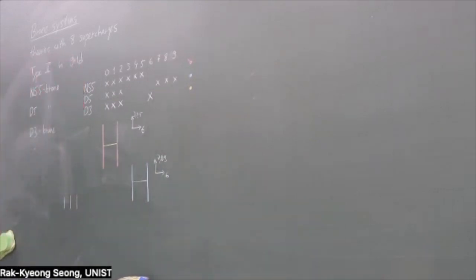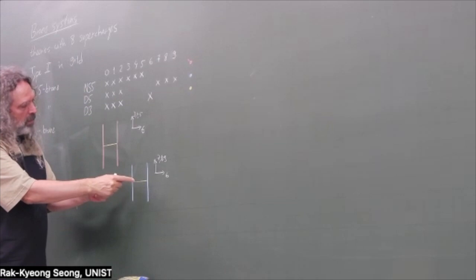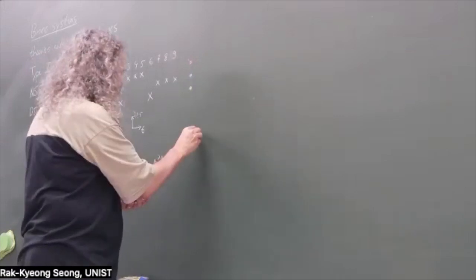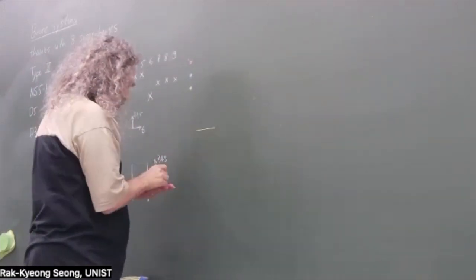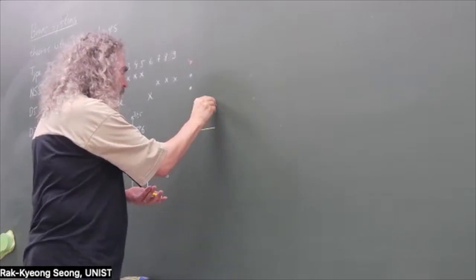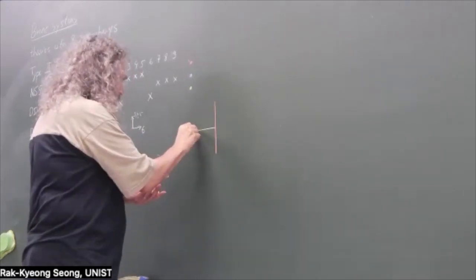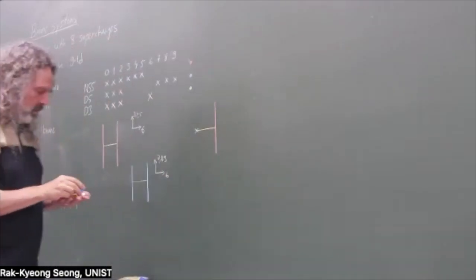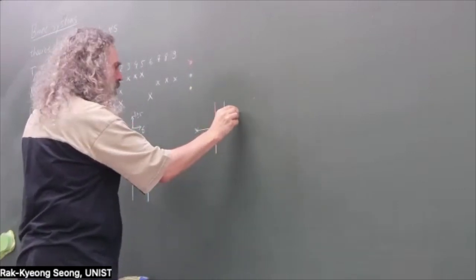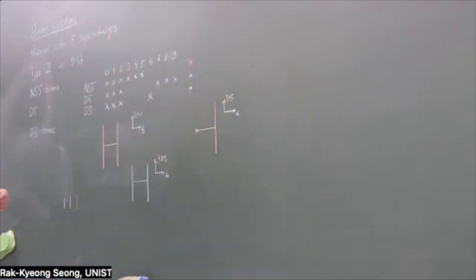Now, we could also have a D3 brane which ends on one side on blue, the other side on red. So it would look like this, because now the projection is like this one, 6 and 3, 4, 5.